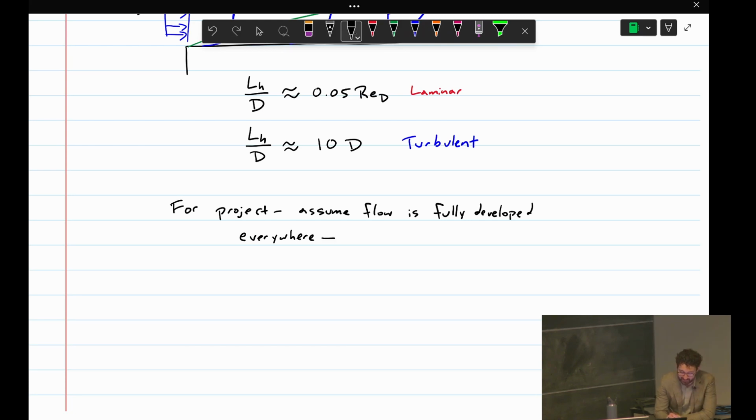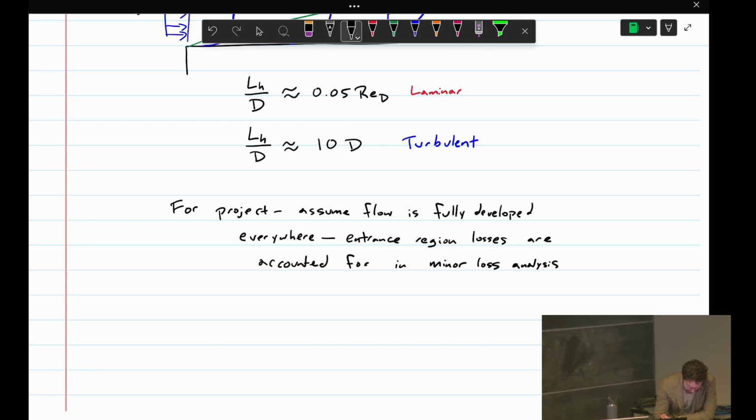The reason that you can do that, and this is a common engineering assumption, is that the entrance region losses are accounted for in the minor loss analysis, which we're going to talk about next week.